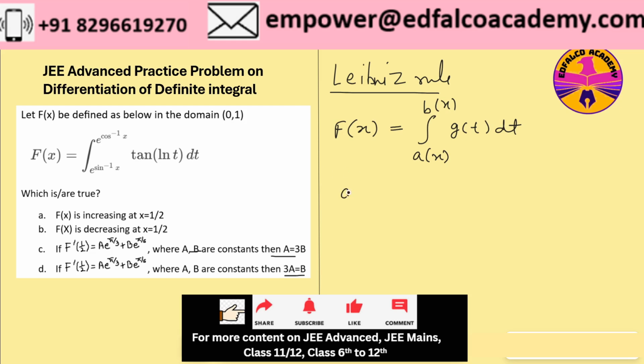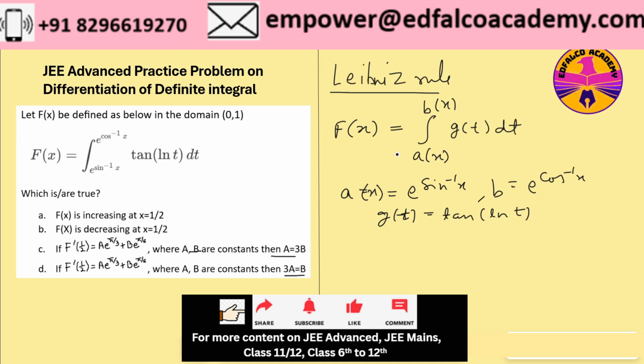So here you can see that a of x is nothing but e to the power sine inverse x, b of x is nothing but e to the power cos inverse x, and g of t is nothing but tan of ln t. So it is exactly comparing with this format.